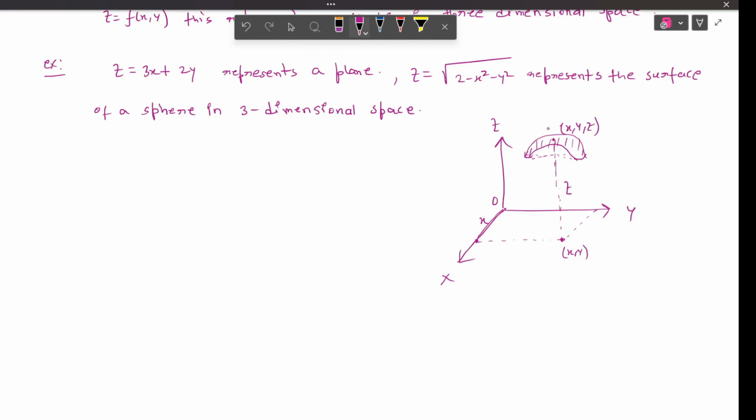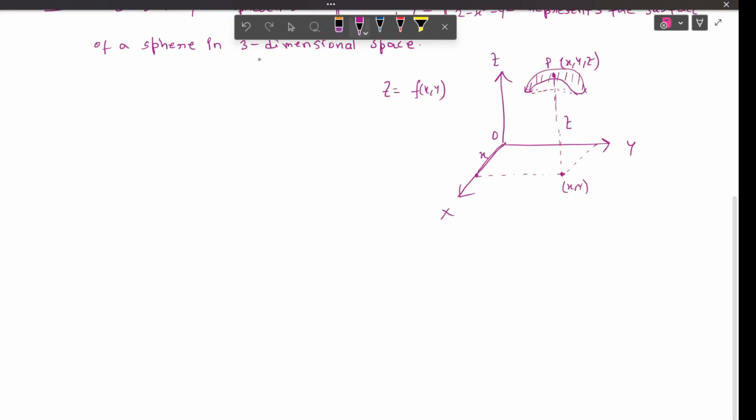Hence a point, let us say this is the point P(x, y, z), lies on the surface given by z equals f of x, y. Okay.